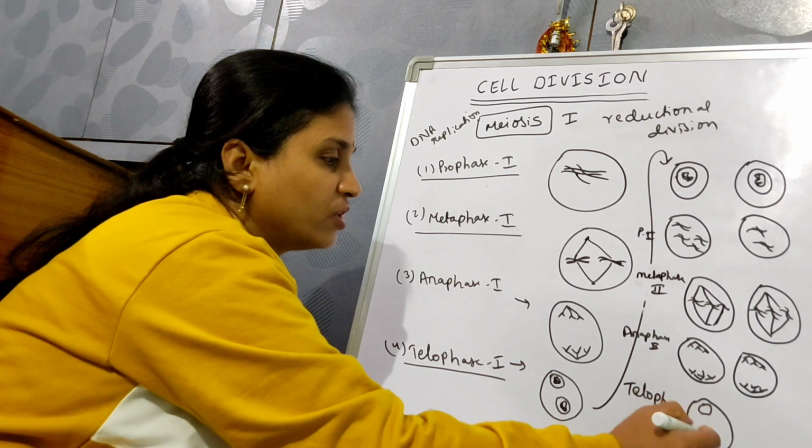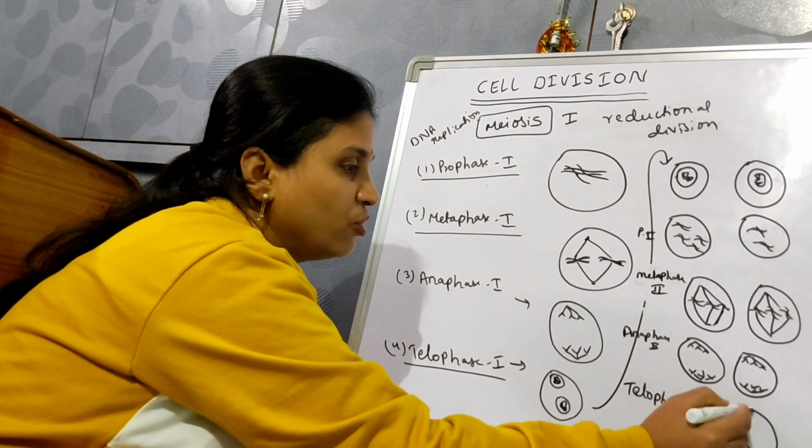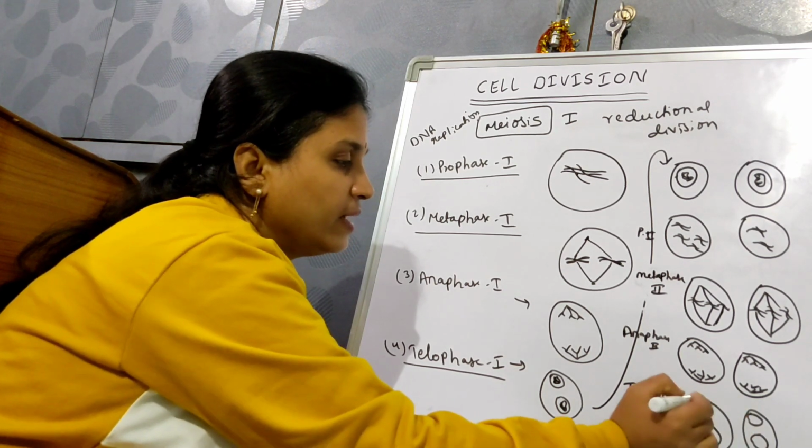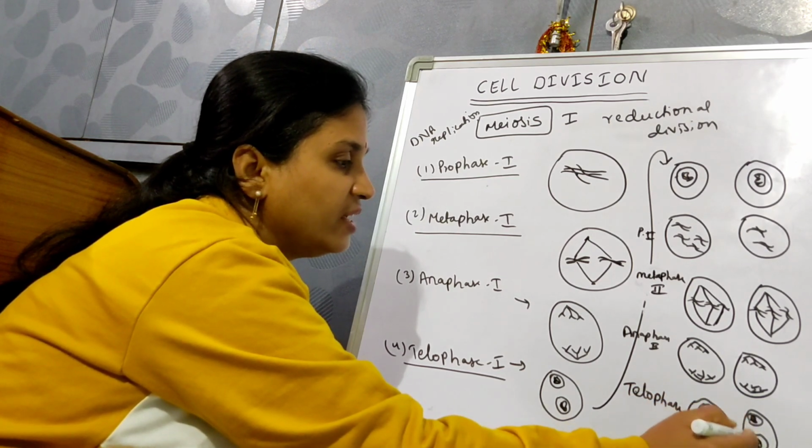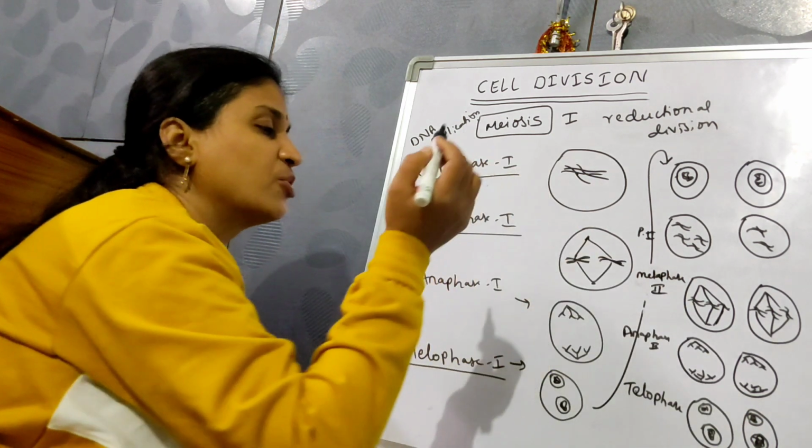Then in telophase 2, the cluster of chromosomes is going to form. Then the nuclear envelope develops, the nucleolus develops, and the ER and Golgi complex are going to develop.